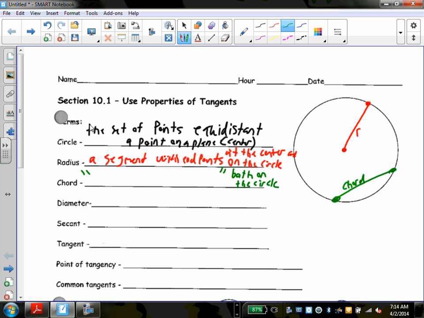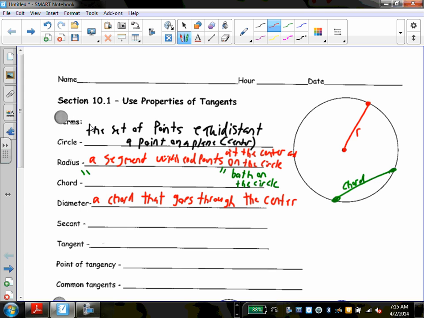A diameter is a chord that goes through the center. So it's going to have two endpoints, and it is a straight line.